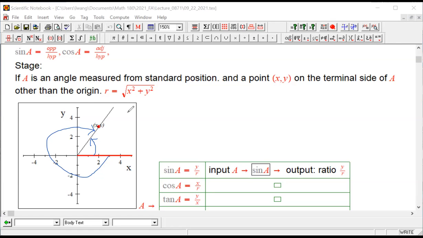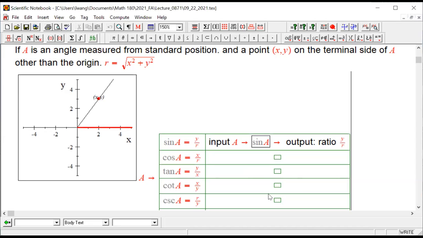You get many different angles, but they have the same terminal side. And that terminal is the one we consider on the terminal side of A, other than the origin. So that's X comma Y. We must understand this, okay? And soon we're going to talk about the unit circle, so stay tuned. So that's a definition.